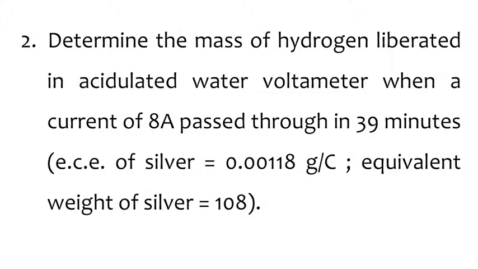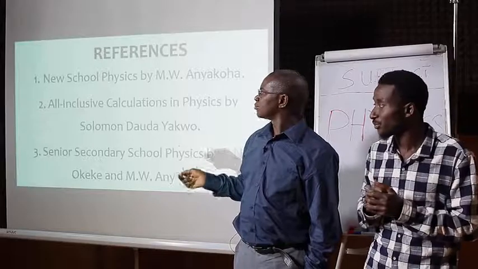Determine the mass of hydrogen liberated in acidulated water voltameter when a current of 8 ampere passed through it in 39 minutes. Electrochemical equivalent of silver is equal to 0.00118 gram per coulomb. Equivalent weight of silver is equal to 108.